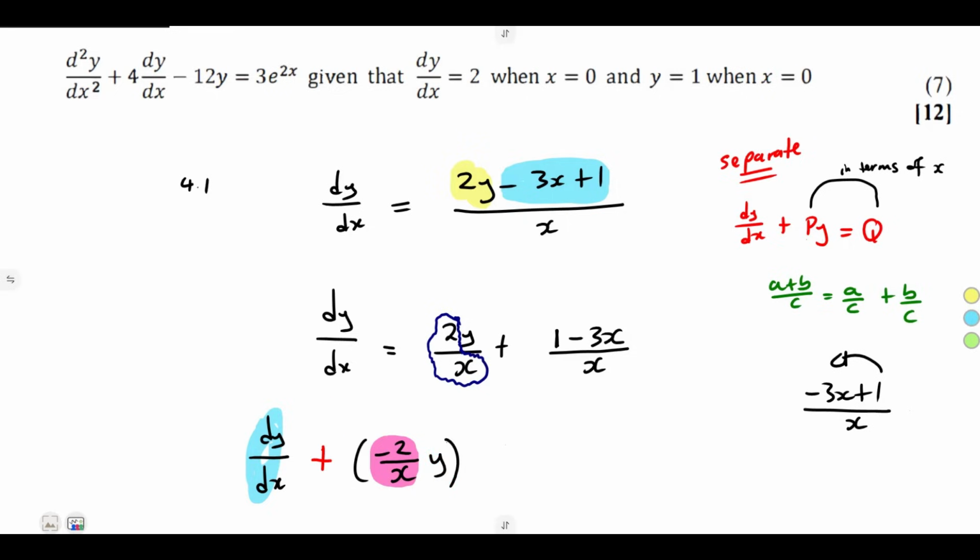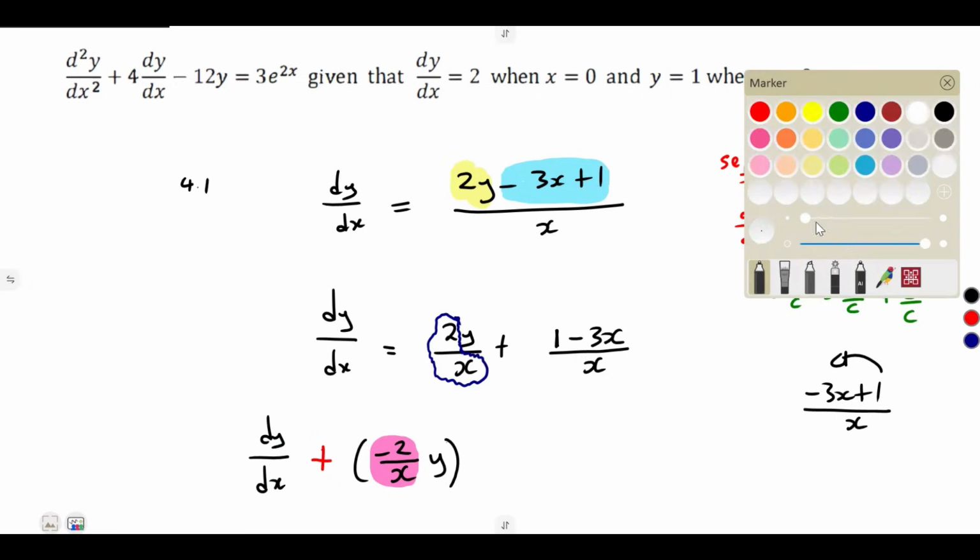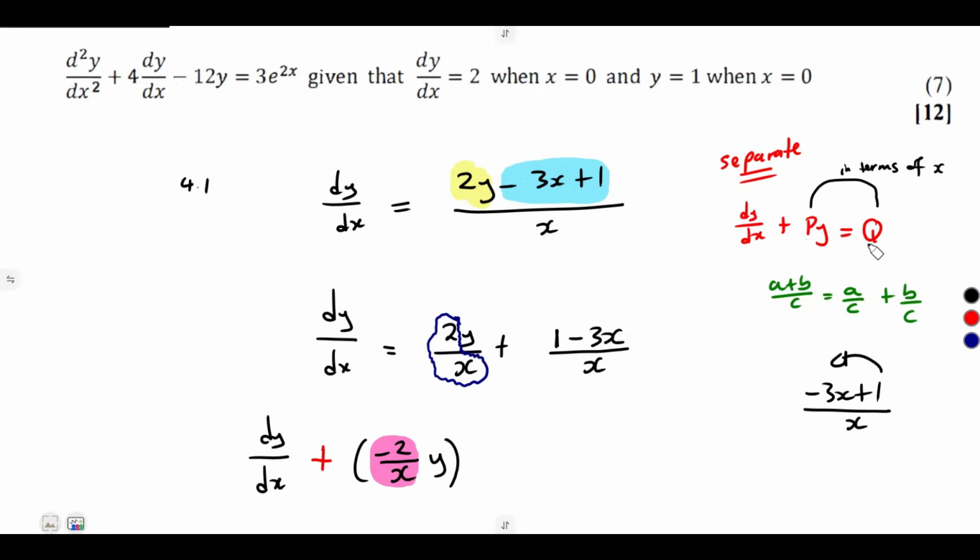On the right hand side, it is the part which is Q, which is also in terms of x. So this is the part that is remaining, Q, which is in terms of x. The P is in terms of x.